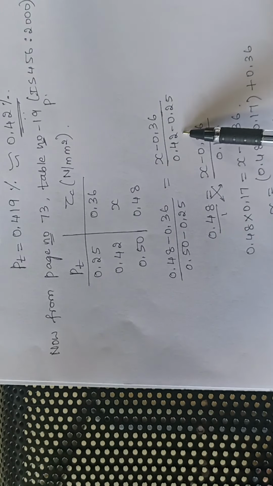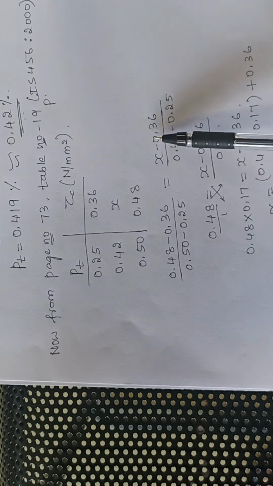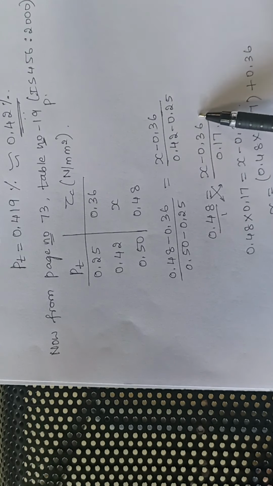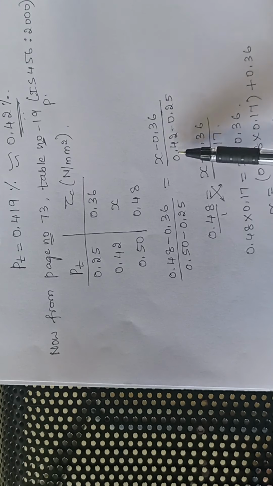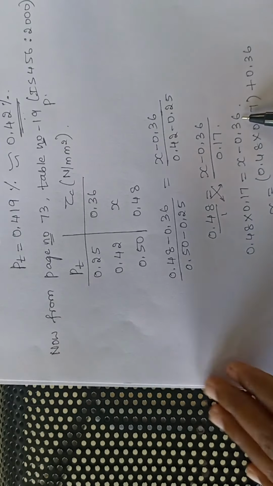So on simplifying the complete LHS, we will get a value which is equal to 0.48. So that is equal to x minus 0.36, keep it as it is. On subtracting 0.25 from 0.42, we get 0.17. Then on cross multiplying this, we get 0.48 into 0.17 is equal to x minus 0.36.